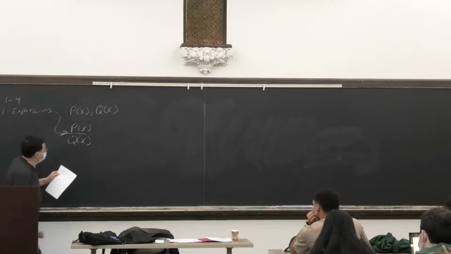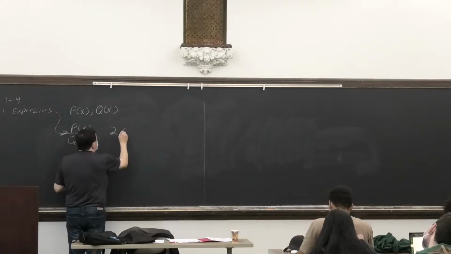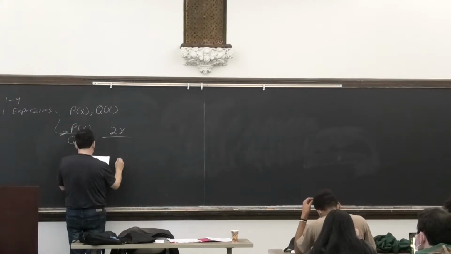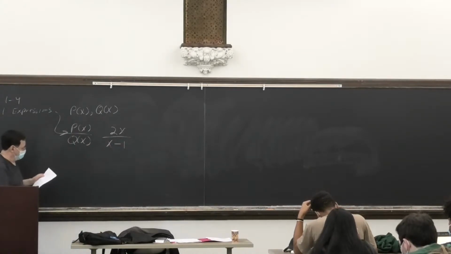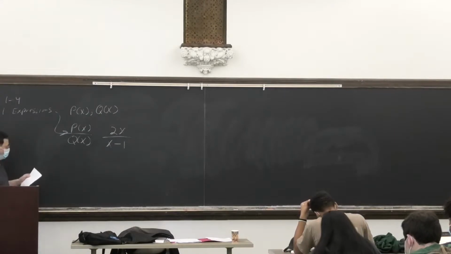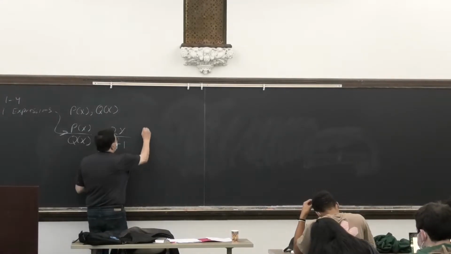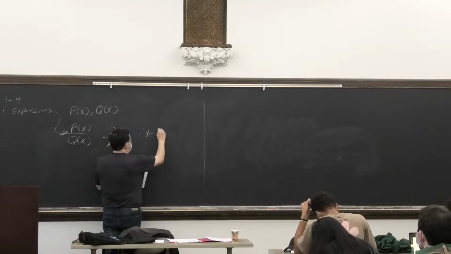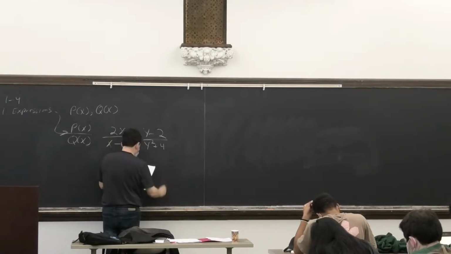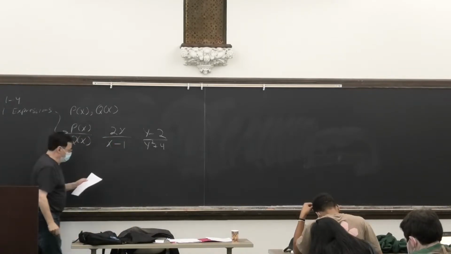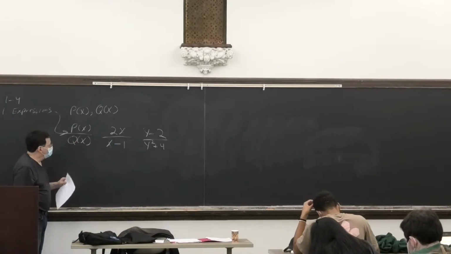So, for example, there's a polynomial, another polynomial, that's a rational expression. Another rational expression.